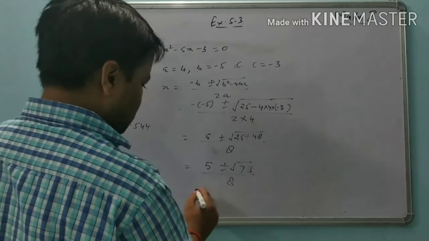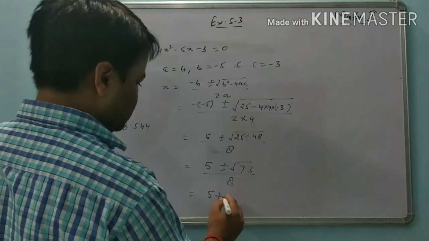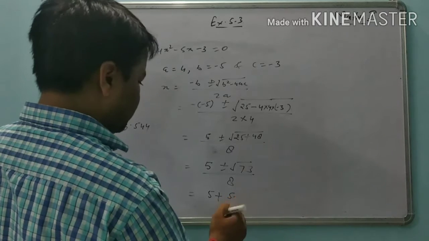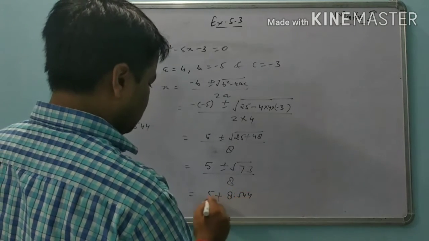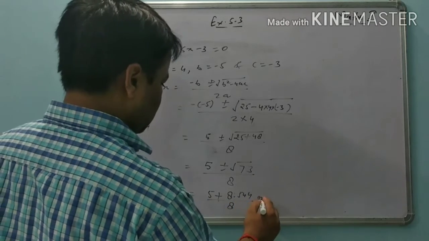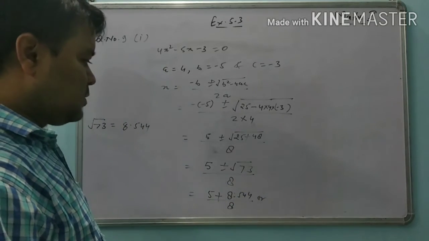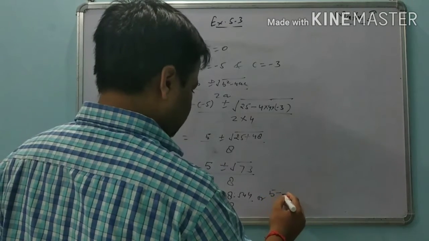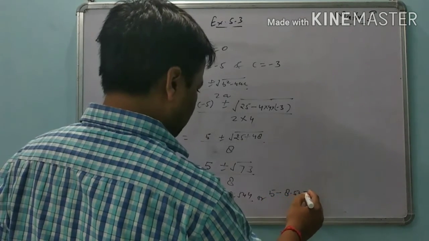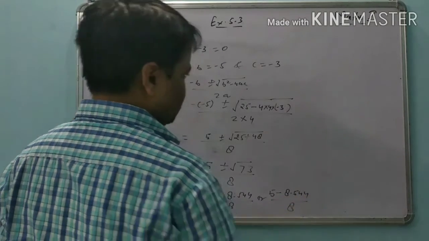Then its value will be 5 plus 8.544 by 8. First we take the plus sign, then the minus sign. It will be 5 minus 8.544 by 8.